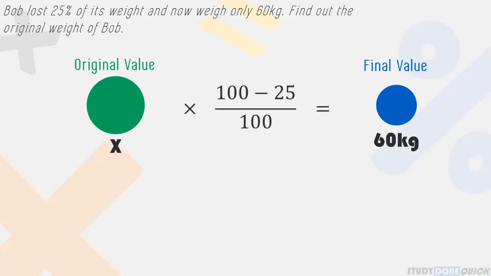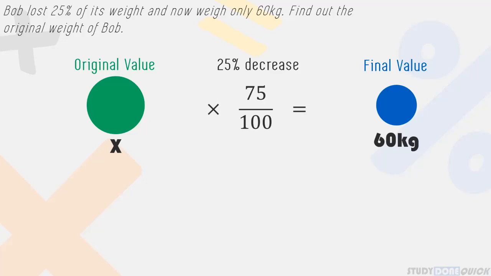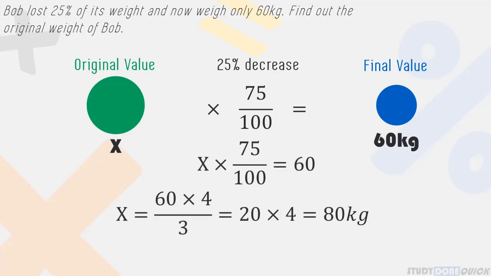So x was 100 by 100 of itself, 100% of itself, which got decreased by 25%. That means it becomes 75 by 100 of itself. And that is equal to our final value, which is 60 kg. So simply solving it for x, we get that x is 80 kg, and that's the original value we needed.